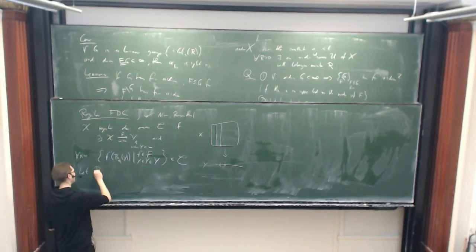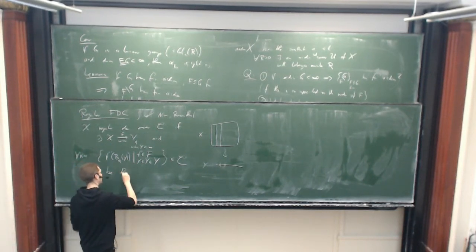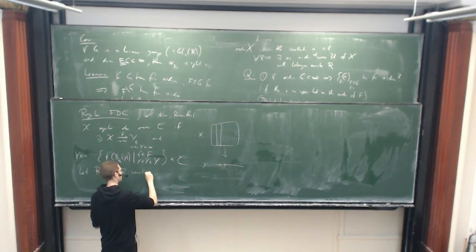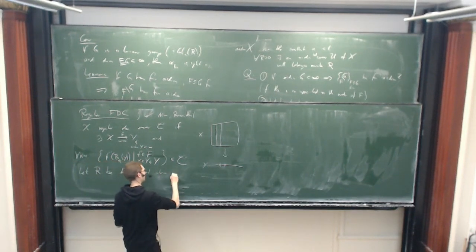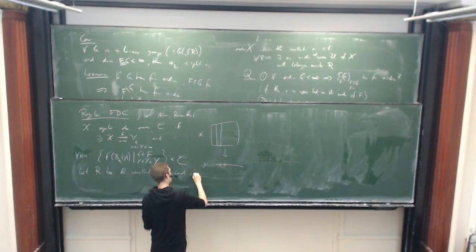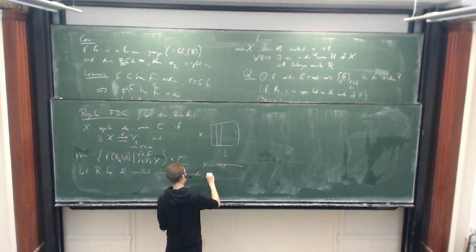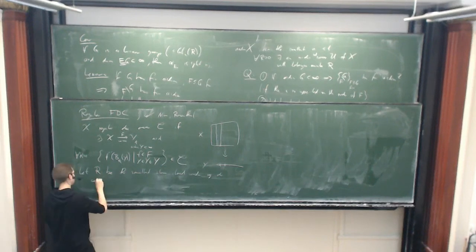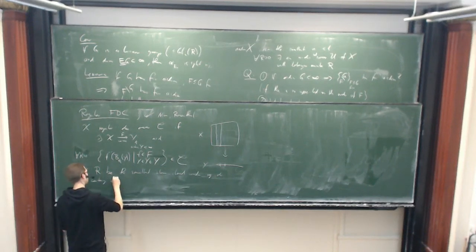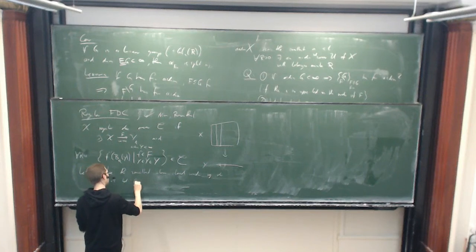So let R be the smallest class closed under regular decomposition containing all bounded families.